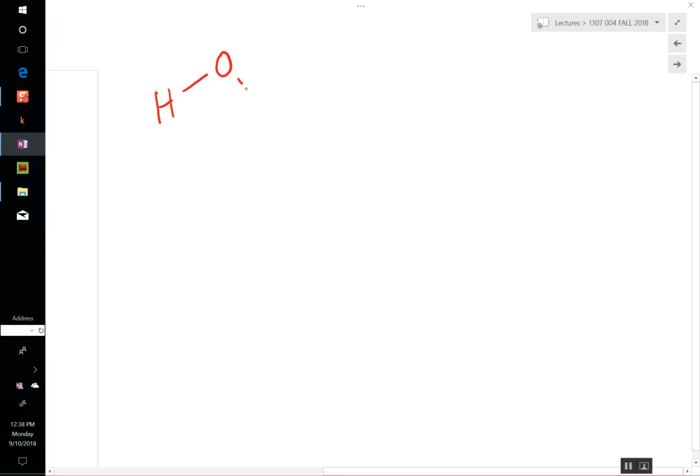Polar. Remember, water is a polar molecule. Why is it a polar molecule? It goes back to the electronegativities of the elements that make up the water molecule. Electronegativity, remember, this is all reminding you of something you've already learned. Electronegativity is the attraction an element has for electrons.